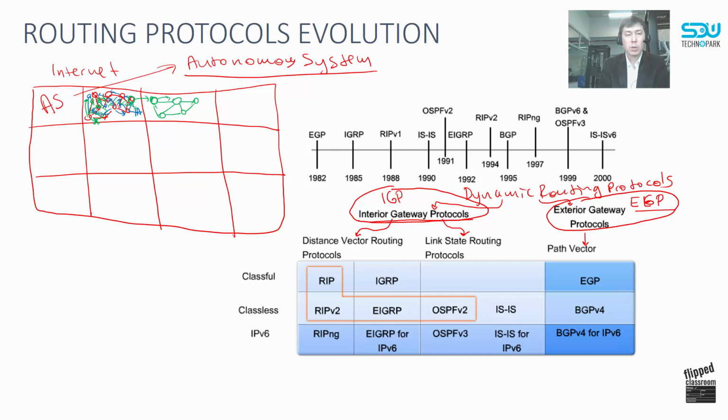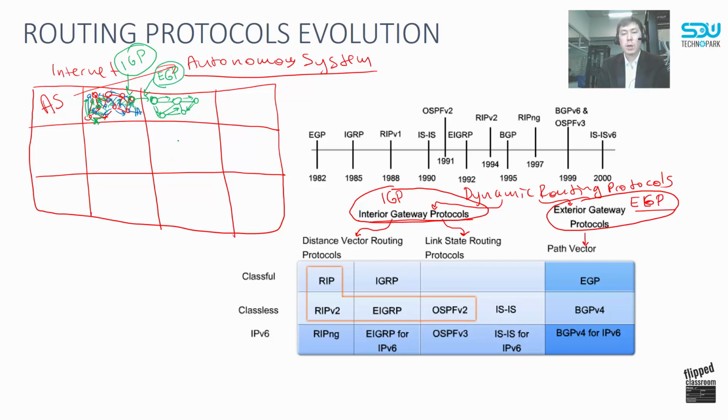Okay, so autonomous systems are used to divide the internet area to prevent an infinite convergence process. Those protocols which are working inside an autonomous system are called IGP protocols. Those protocols which are working between autonomous systems are called EGP protocols.